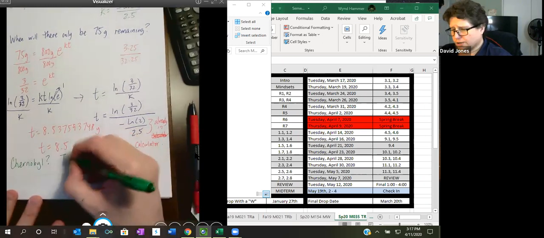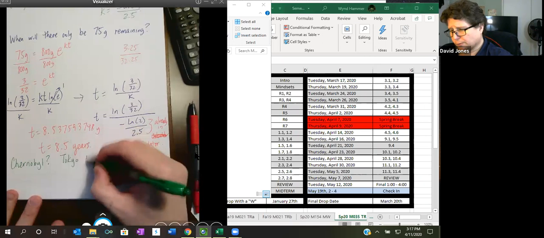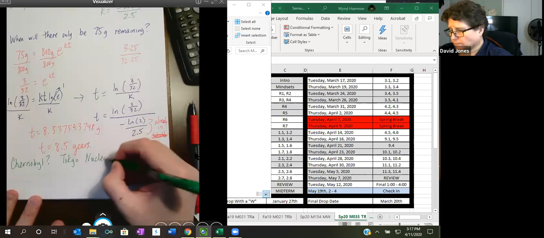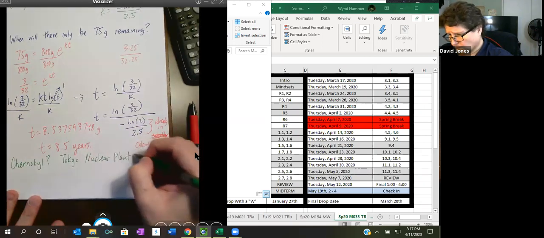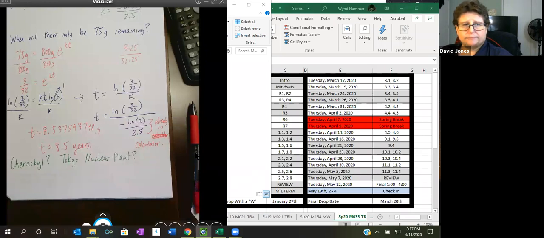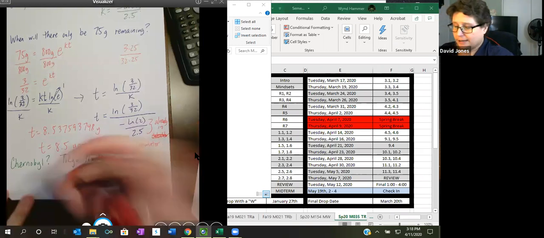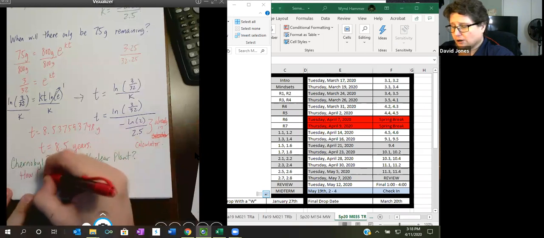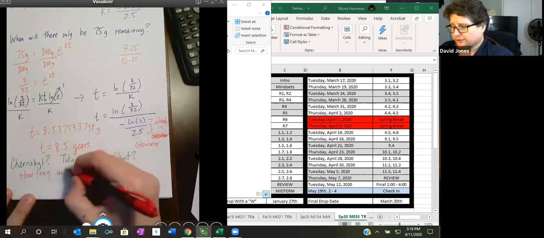Or the Tokyo nuclear plant? I don't know if Tokyo's actually spread out radioactive decay. Chernobyl blew up. The whole entire area is radioactive. They want to know how long it will be until Chernobyl is safe.